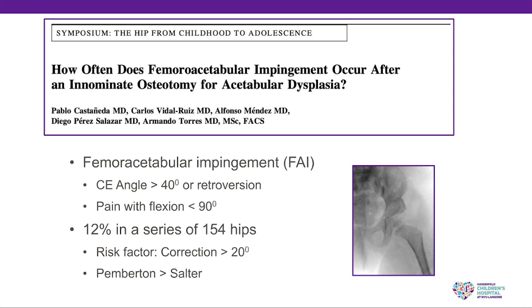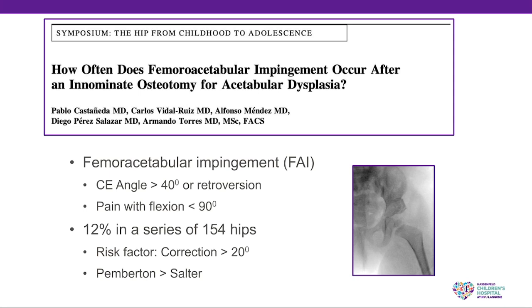So Dr. Castaneda participated in this paper, as you can see, and noted that when you looked at types of osteotomies, whether it was a Pemberton or a Salter, you could have findings of FAI later on. These patients were all followed for at least 10 years, and they defined impingement by either that lateral center edge angle combined with having some pain with flexion greater than 90 degrees.